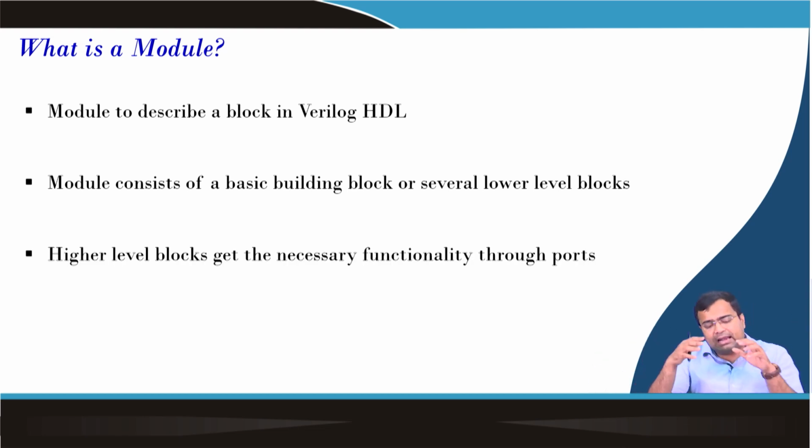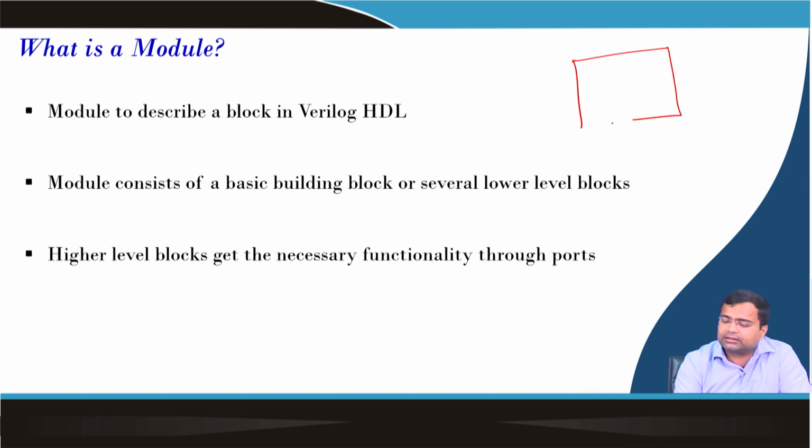Then higher level blocks get the necessary function through ports. That means, if you have a ripple carry adder, the RCA, what will it get? You will get a vector data A, a vector data B, and one carry in. And what will be the output? You will get sum and carry out.